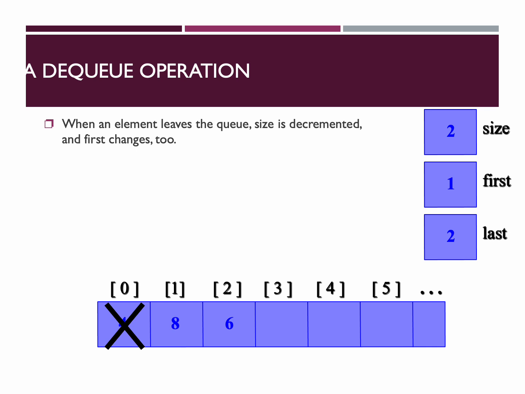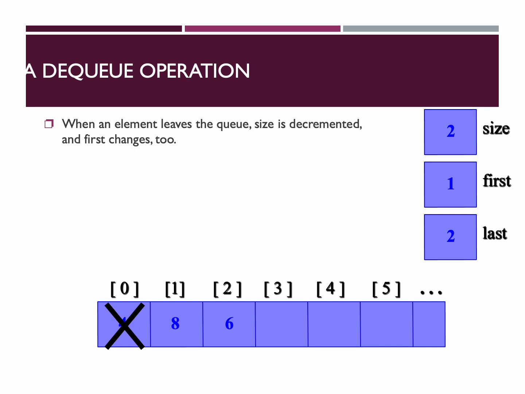Now if you look at this one, when an element leaves the queue, size is decremented and first changes too.